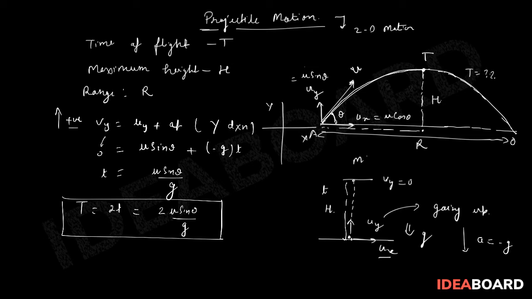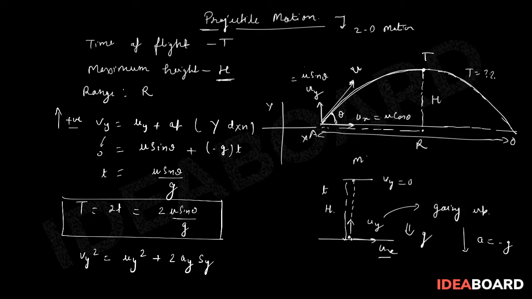Now in order to find the vertical displacement h, I can utilize vy square is equal to uy square plus 2ay into s, which is y.